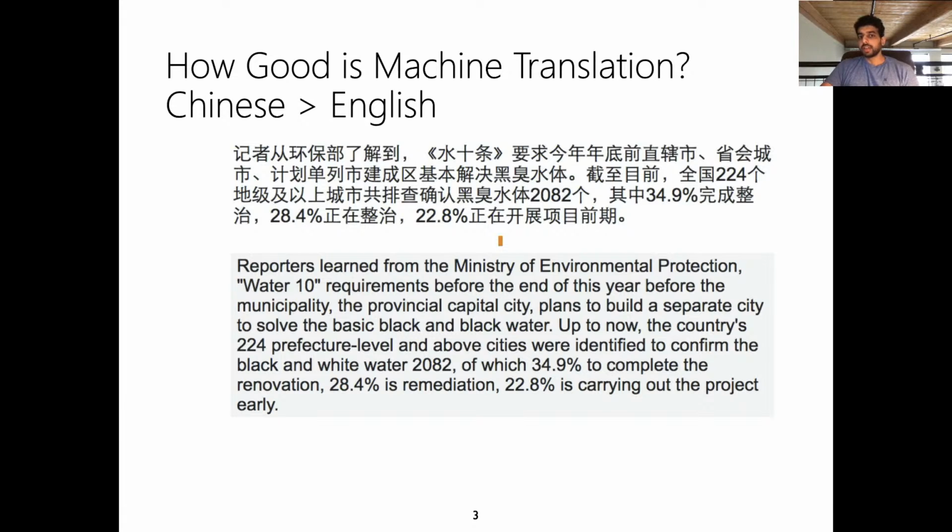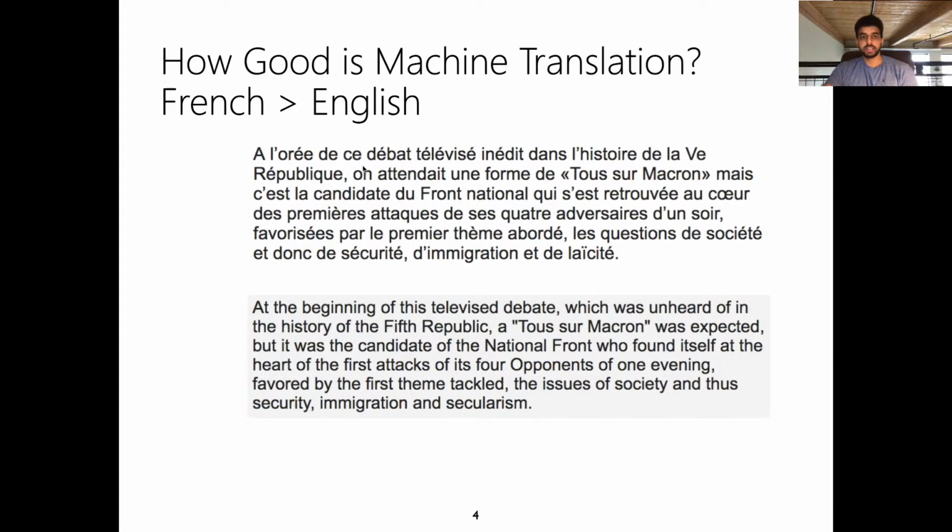We're instead going to actually decode or generate tokens in the target language from our trained model, and then we're going to assume that we have access to some reference translation. So maybe in this case, I have the ground truth translation in English as to what this Chinese paragraph translates into, and then I'm going to have some metrics that compare the text that I've generated from my model to the ground truth text. So that's how we're going to evaluate in this setting.